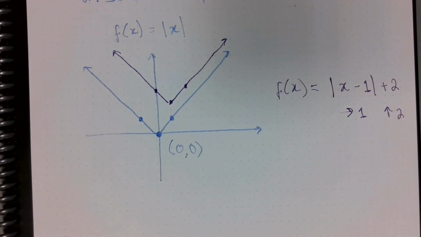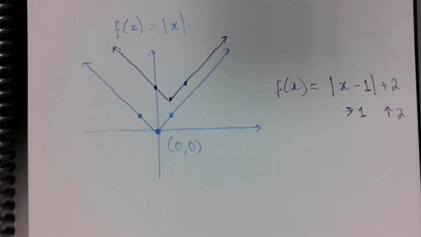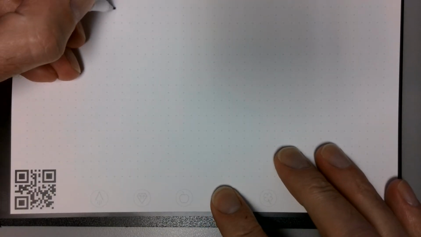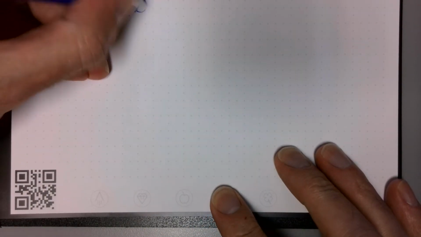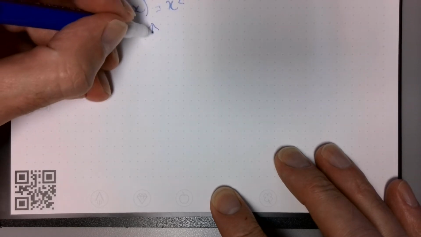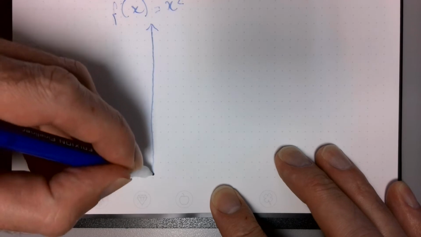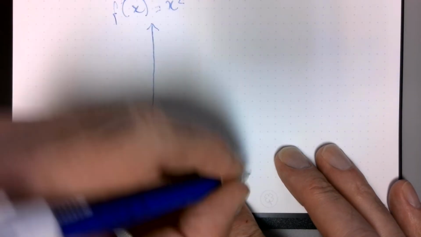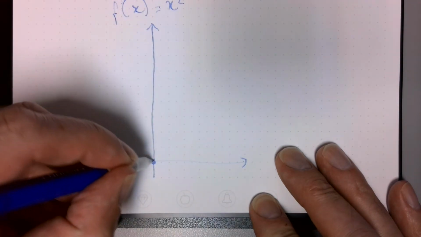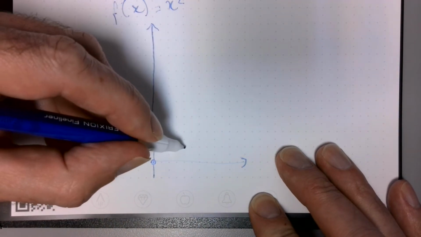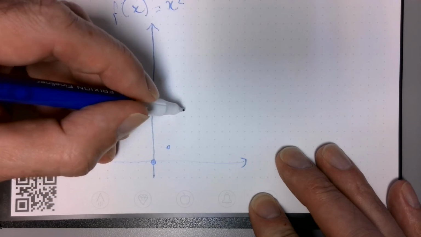Okay, so another function that we are already familiar with, I hope, is this one right here. f of x equals x squared. Okay, once again, quick little grid. Okay, this function also goes through 0, 0, goes through 1, 1, and it goes through 2, 4.